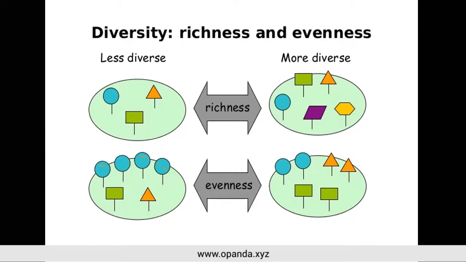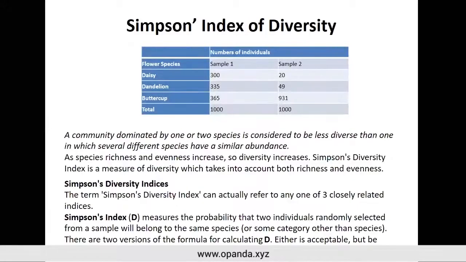Okay, Simpson's diversity index. Here, always these are examples which are coming. A community dominated by one or two species is considered to be less diverse than one in which several different species have a similar abundance. You understand? If you have one type of this and another type of that, it's not comparable to an ecosystem which has a big number of different species.